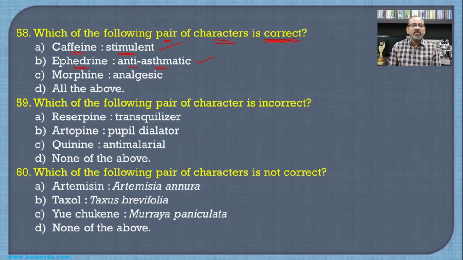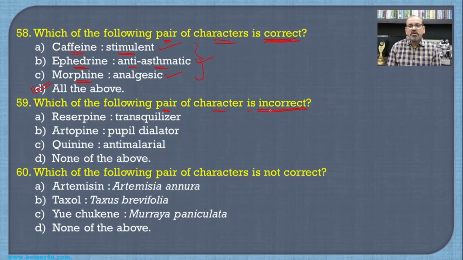This is also correct. And morphine is an analgesic, and that is also correct. Hence all the above become the answer. Deliberately in the question all correct pairs are given so that you become familiar with many characters in a few questions only.